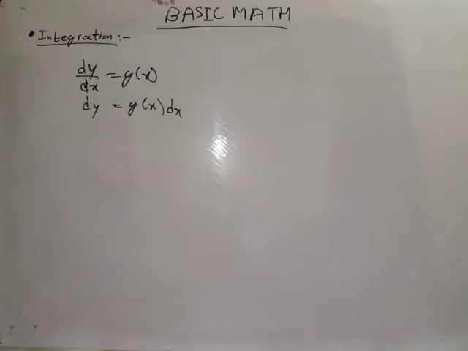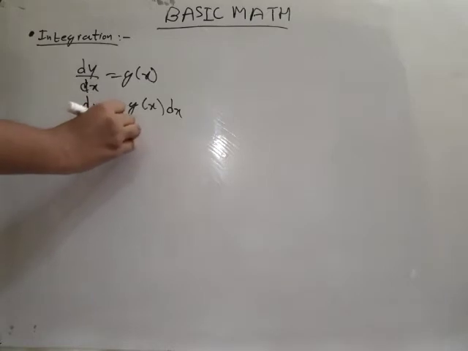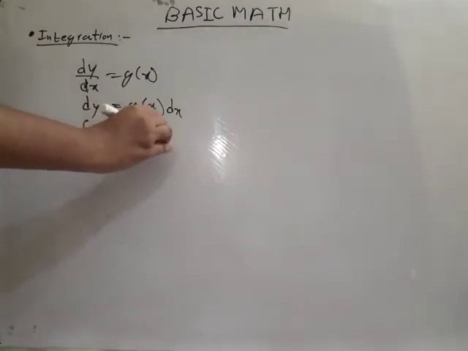Now we know integration is the opposite of differentiation. So integral dy equal to y. This is the sign of integration. Similarly, if I put integral dy, then I have to put integral dy equal to integral g(x) dx. Okay.